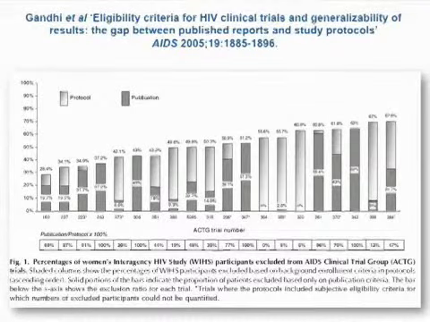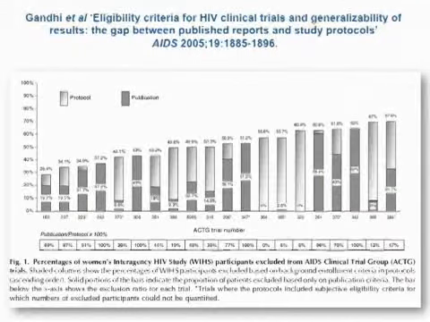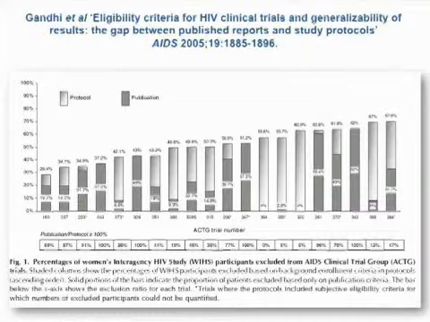In this case, this is the percentage of individuals who are excluded, who would not be eligible. And you see the percentages are pretty striking. We have a cohort of women who reflect HIV in this country, yet anywhere from about 30% to almost 70% of the women in our cohort would be excluded from these HIV clinical trials.